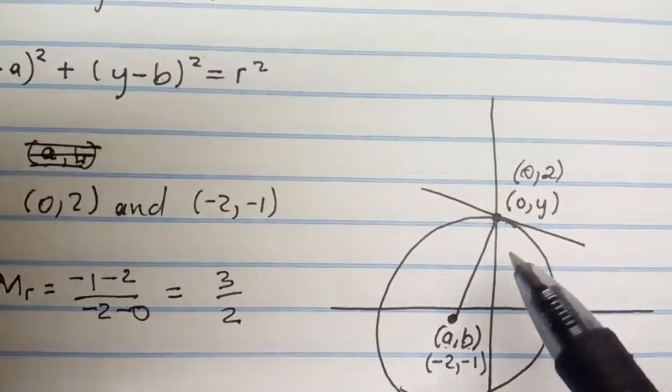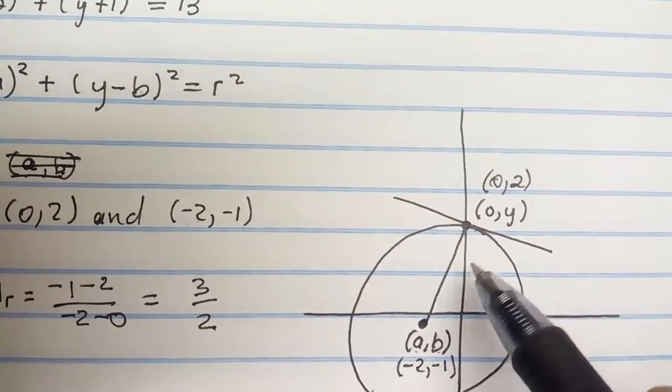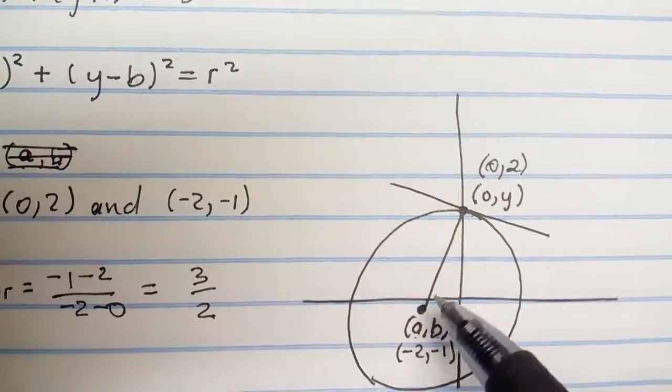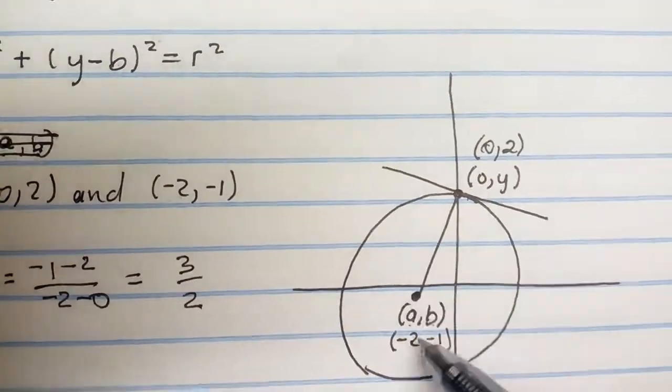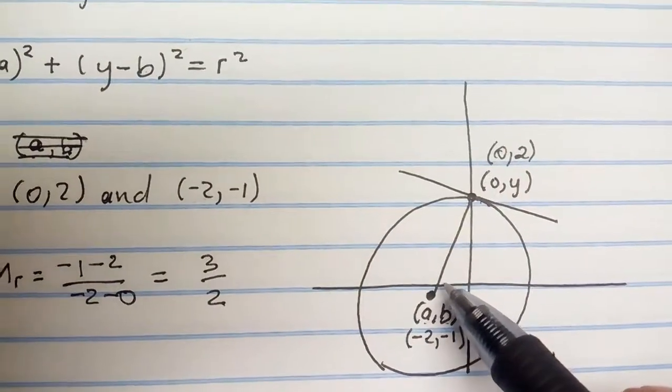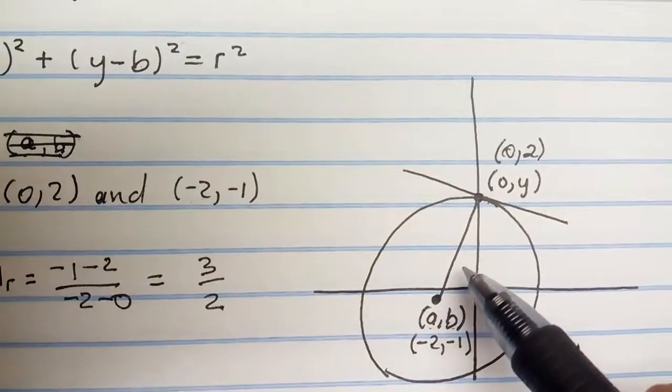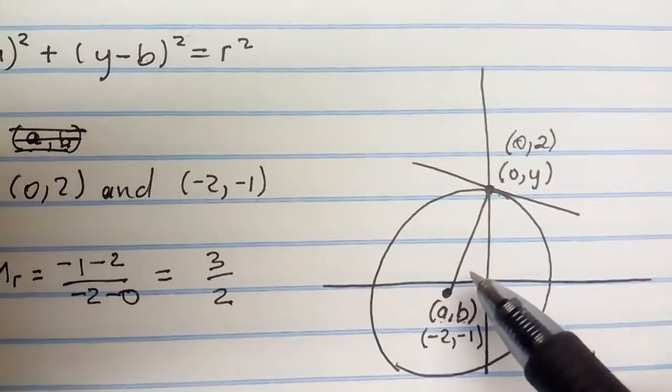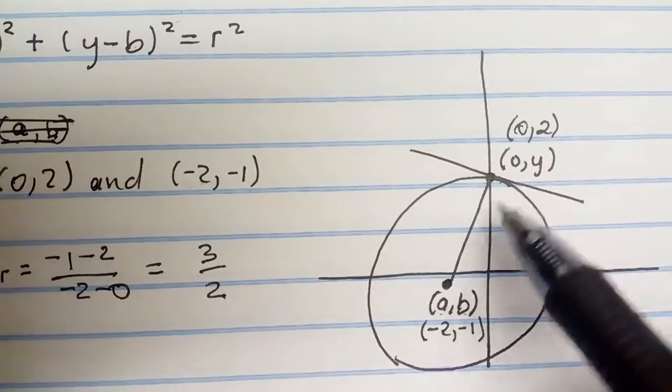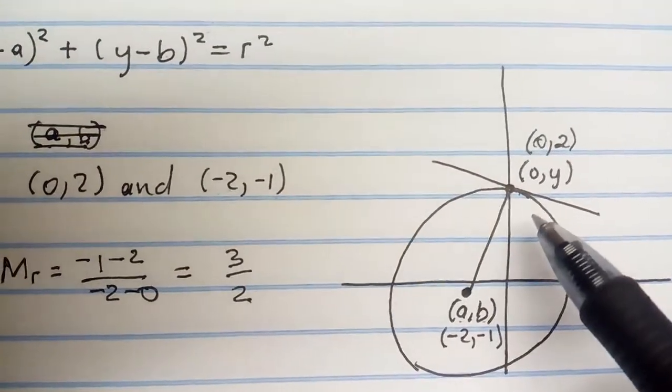So having in mind that the gradient of the radius is 3/2, then we are going to use the property of perpendicular lines. We know the product of the gradients of perpendicular lines equals -1.